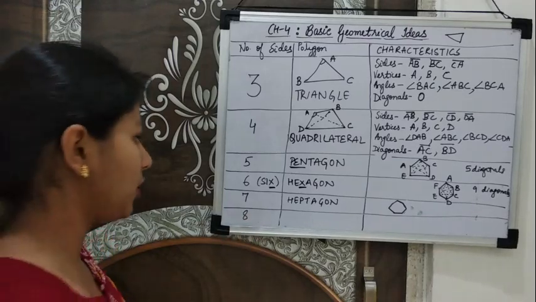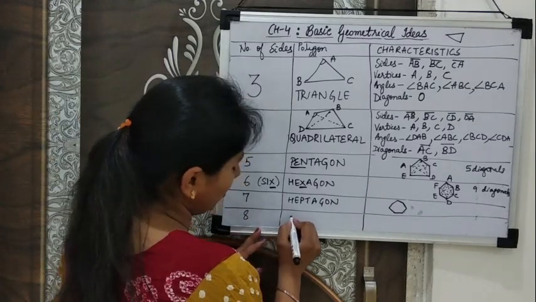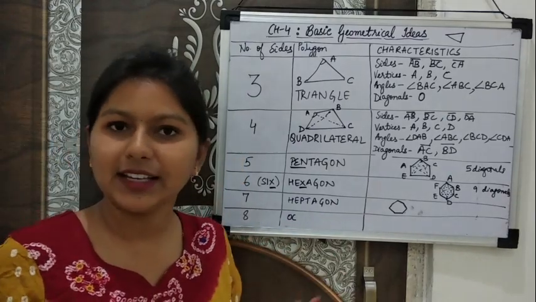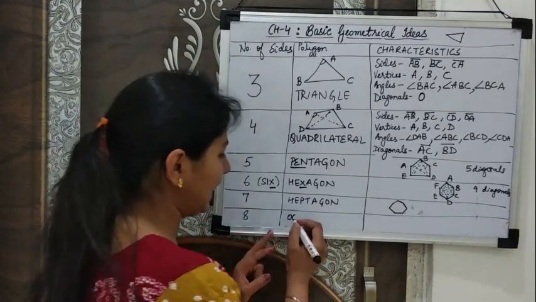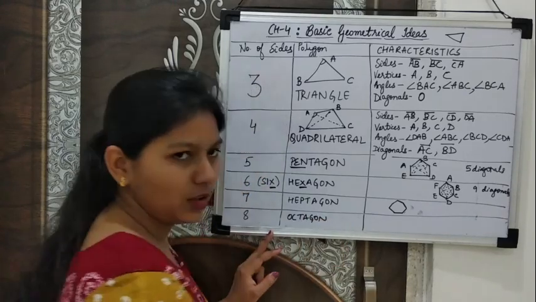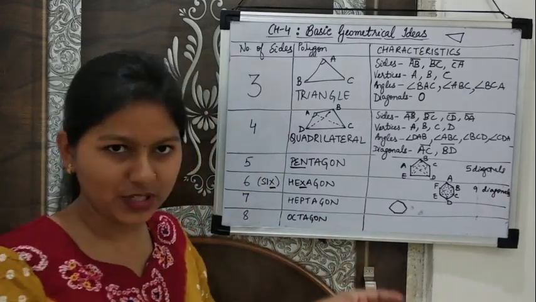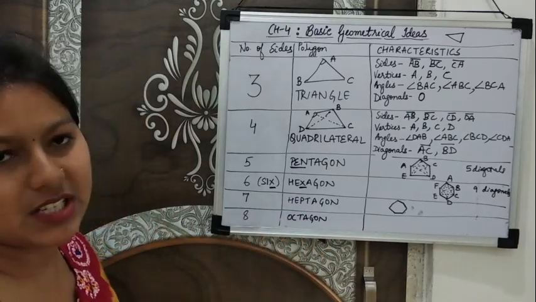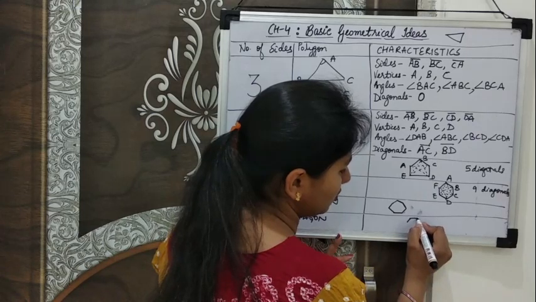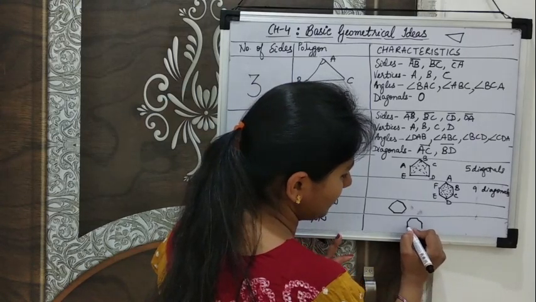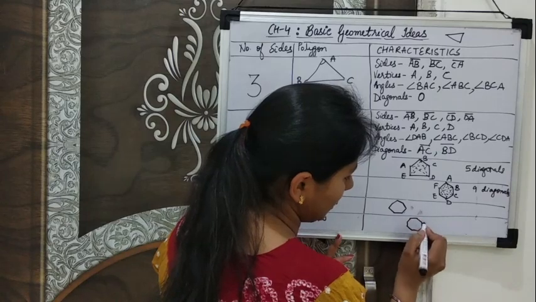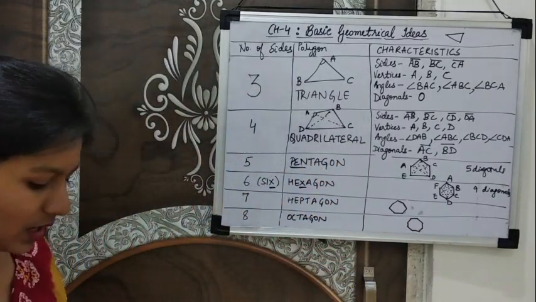Now 8-sided polygon. Which animal do you know that has 8 hands? That is octopus. Similarly, an 8-sided polygon is called octagon. Octagon means octopus, you will remember from octagon, which has 8 sides. So this is octagon. 1, 2, 3, 4, 5, 6, 7 and 8. So in this way we can have octagon.